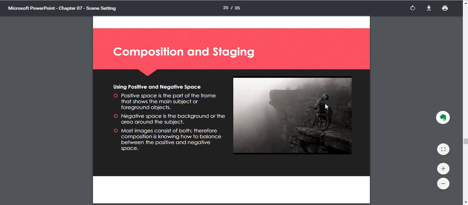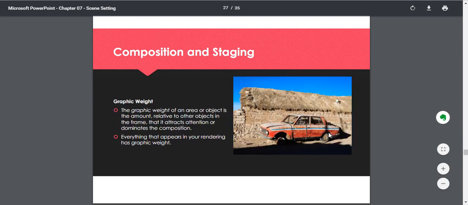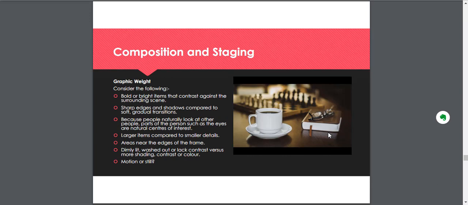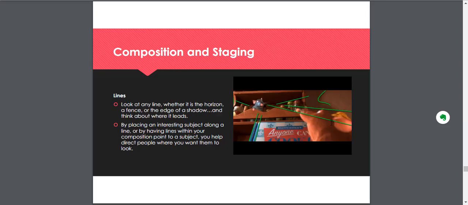Or, if you see a picture that has good negative space, understand what negative space is as well, and how it's different from positive space, which is the main subject or the foreground objects in your scene. Also, we have things like graphic weight. When you see something that's contrasted with the background, it has a lot of graphic weight compared to the rest of the things in the picture.